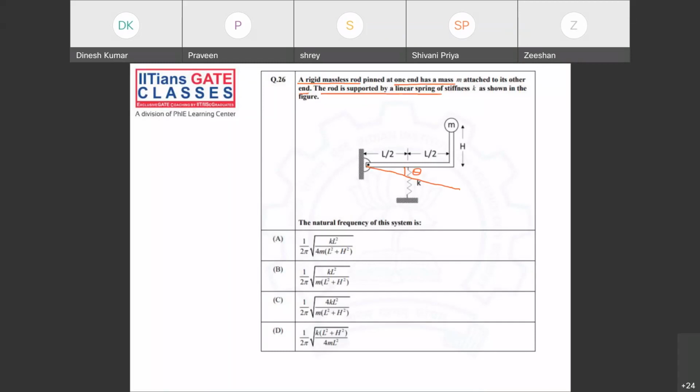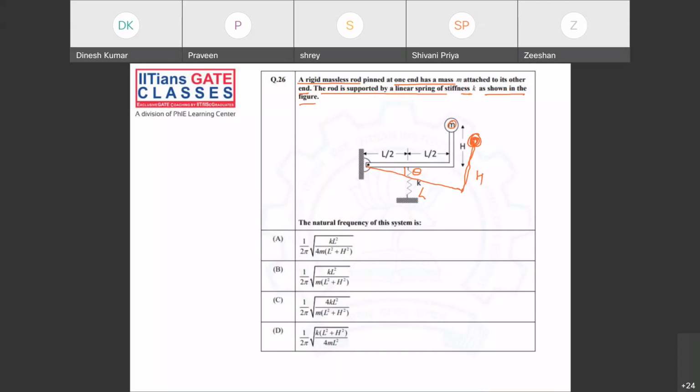The rod is supported by a linear spring of stiffness k as shown in the figure. Now when this is oscillating with rotational displacement theta, this will be the position of mass. You can see this length is total L, and this is H.